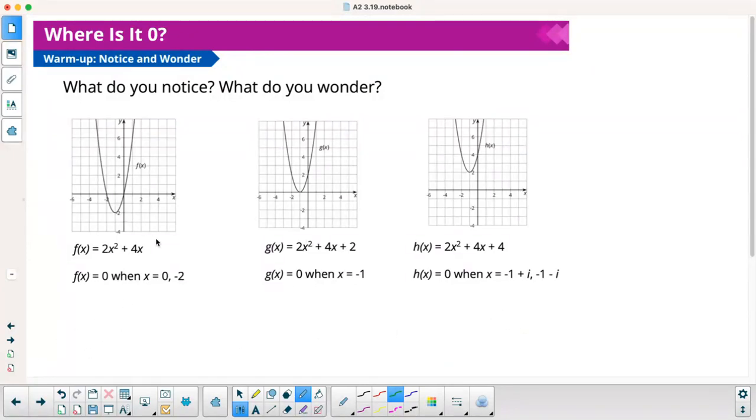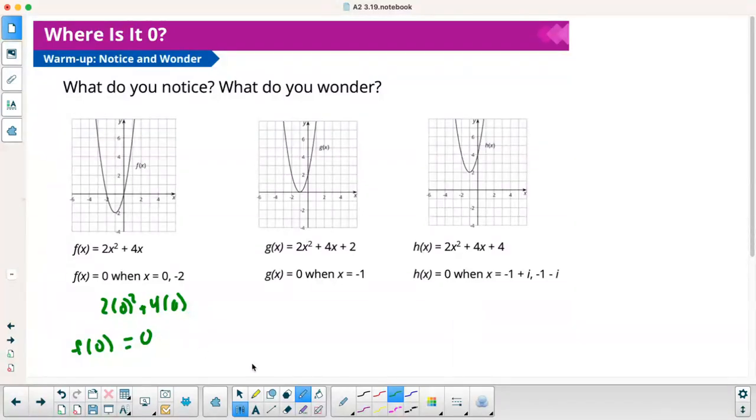I'm going to just jump right into it here. So here's my function, 2x squared plus 4x. So f of x equals 0 when x equals 0 and -2. You could plug in 0 for x, and you're going to get 0, so f of 0 equals 0.